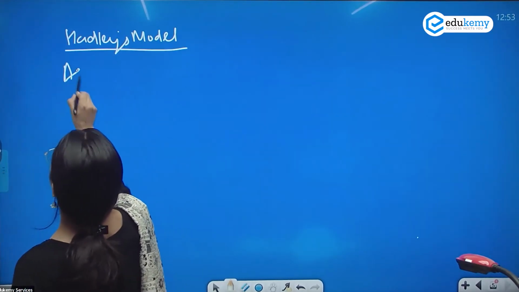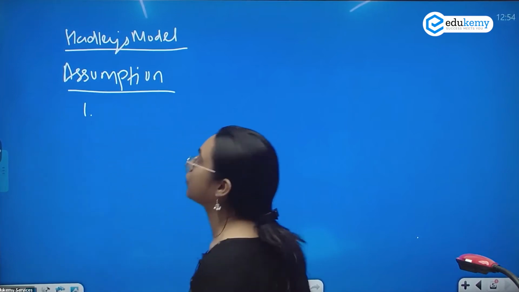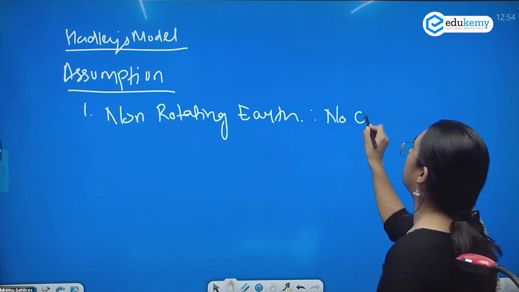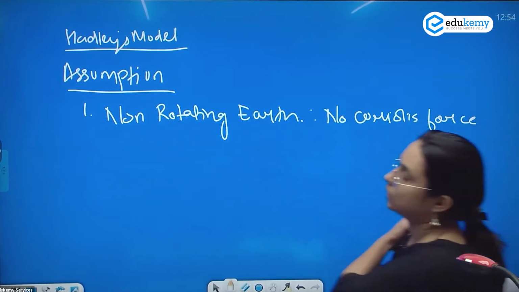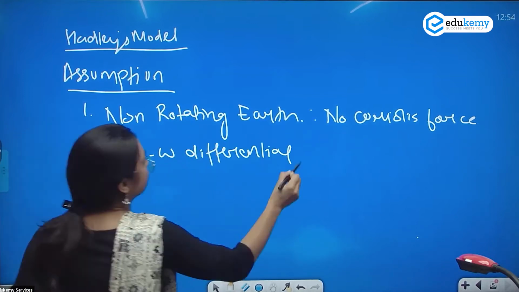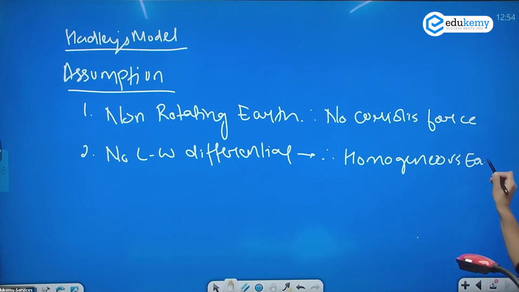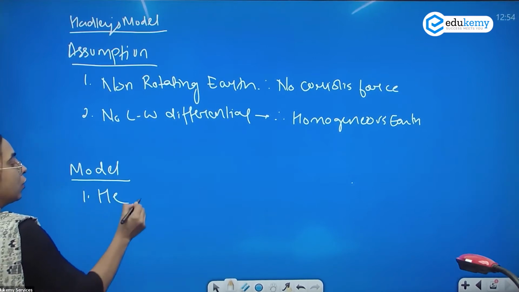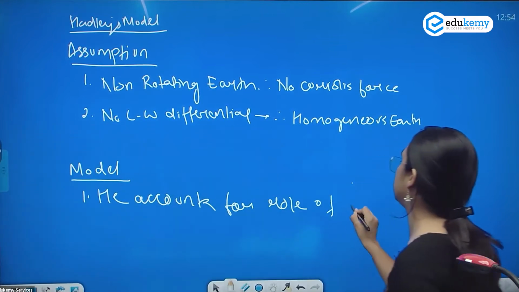Okay. So, assumptions. There are 2 assumptions. The first assumption is the non-rotating earth. Therefore, there is no Coriolis force. The second is no land-water differential. That is a homogeneous earth model. Hadley accounts for the role of insolation.